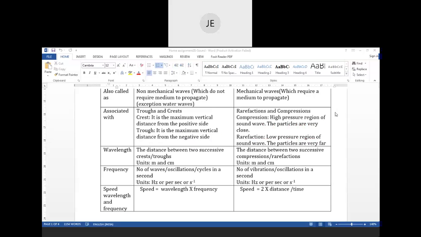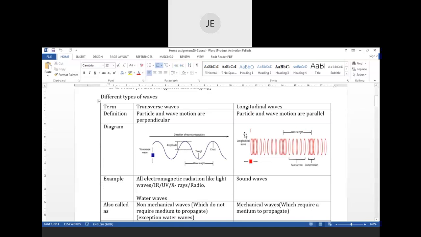Some of the terms: wavelength is the distance between two successive crests or troughs. Successive means one after the other. So this is one crest and this is the next crest; crest to crest distance. Similarly trough to trough distance, we call it wavelength.